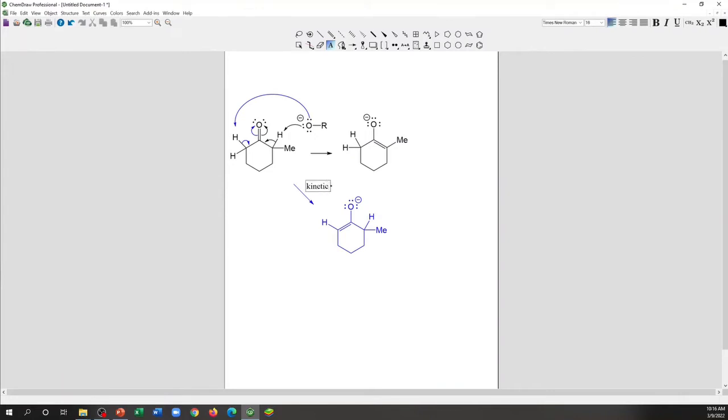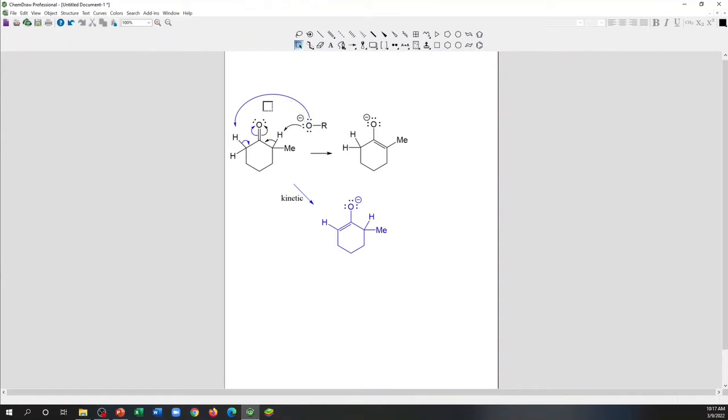Now, just because there is a kinetic pathway, it doesn't always mean that there is a different thermodynamic pathway. Thermodynamic pathways reflect the lowest energy product. Kinetic pathways reflect the fastest product. And that refers to the activation energy. So the blue pathway right here would happen more easily.